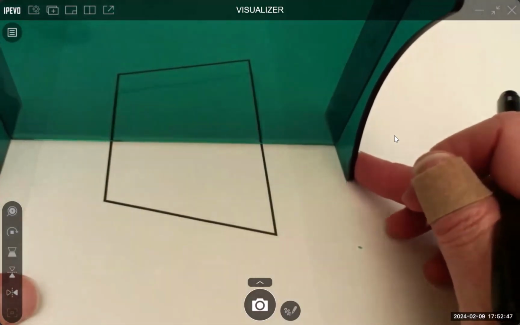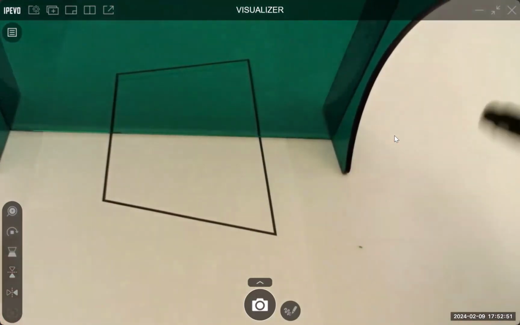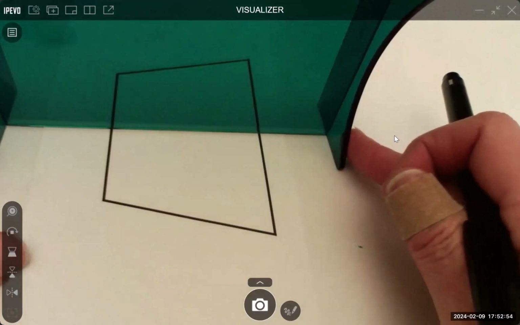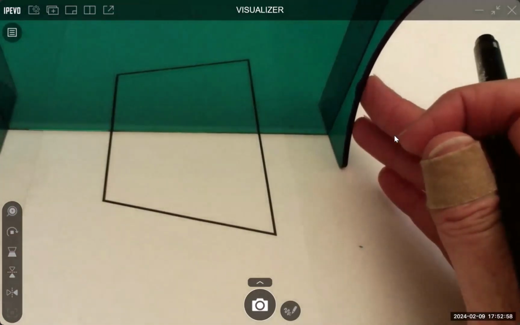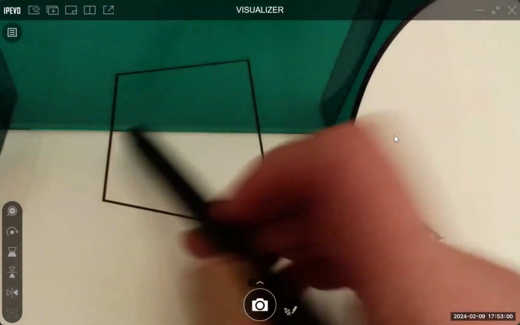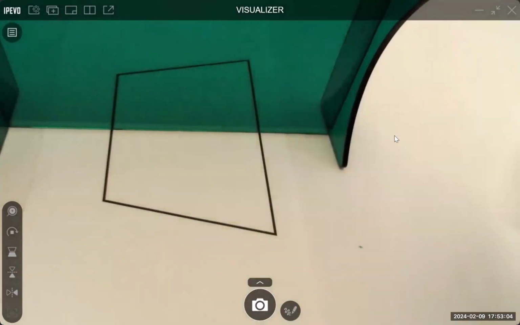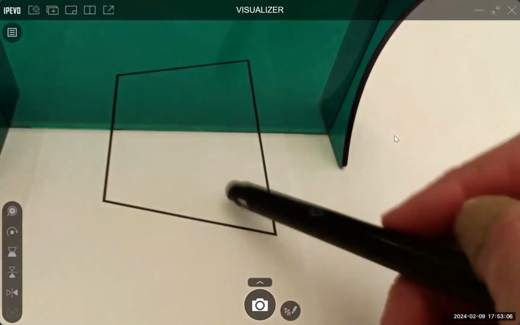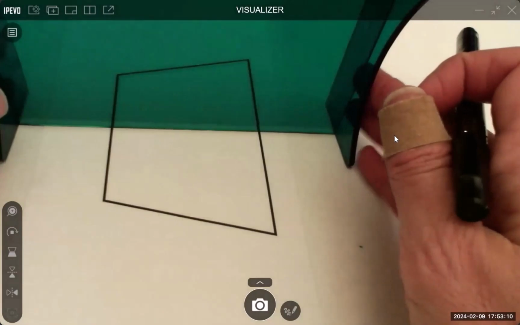And as I continue to push my Geo-Mirror until it aligns with the vertices and the other side, I can see that there is a vertical from the perspective I'm looking at, or now horizontal with the way the shape has been rotated. There is a line of symmetry.